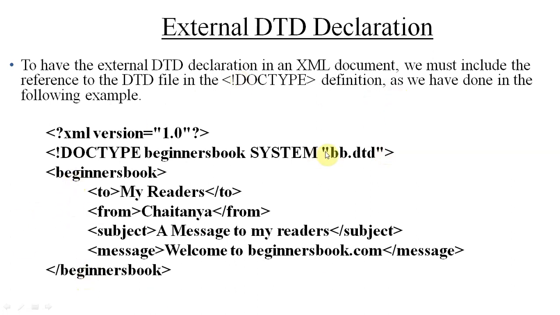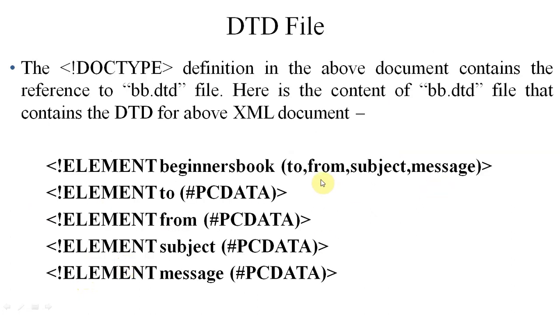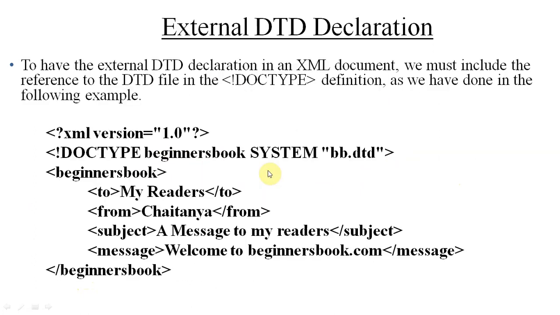Inside bb.dtd we have to, from, subject, message. So the beginnersbook is the name of this element as well as the name of the DTD.